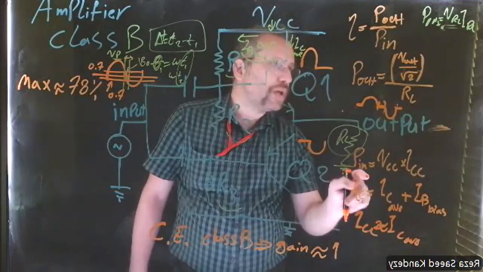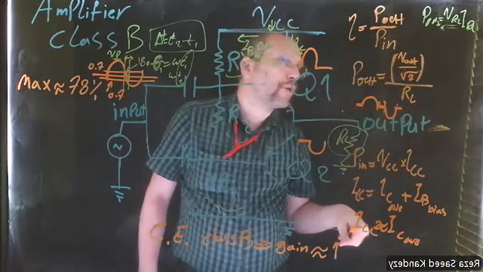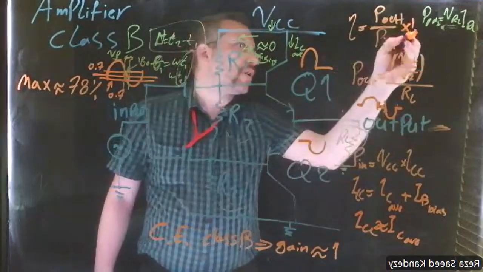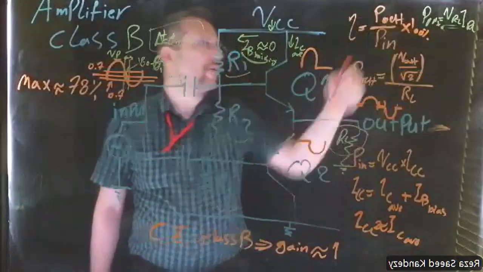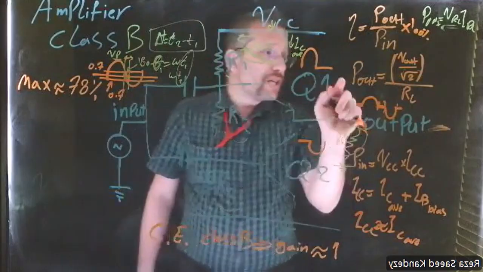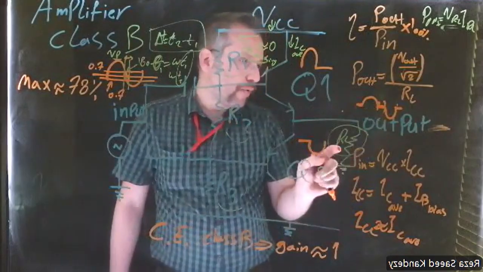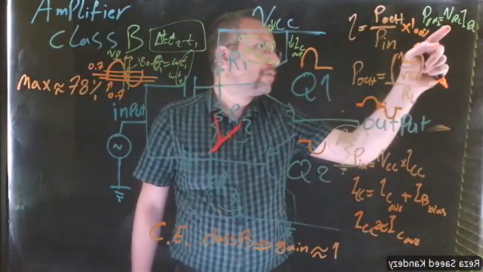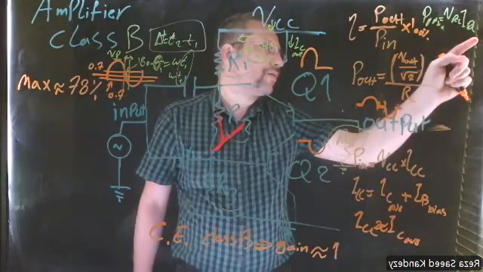We have to calculate P in and P out to be able to calculate the efficiency, and this is times 100 because we want to represent it as a percentage. We said P out is the power of the load, so it's going to be the voltage across the load times the current across the load.